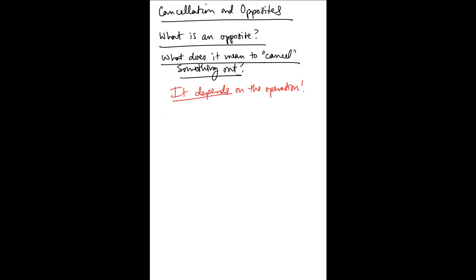When we're adding and subtracting, canceling something out means getting 0. And why is that? That's because adding 0 to something or subtracting 0 from something does not change it.